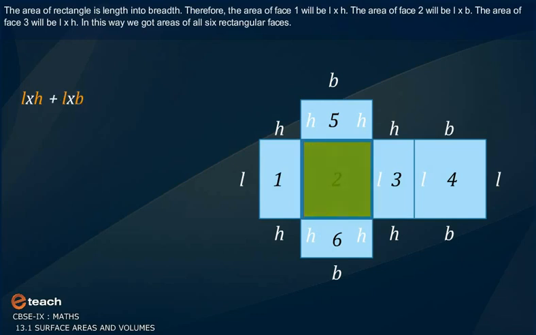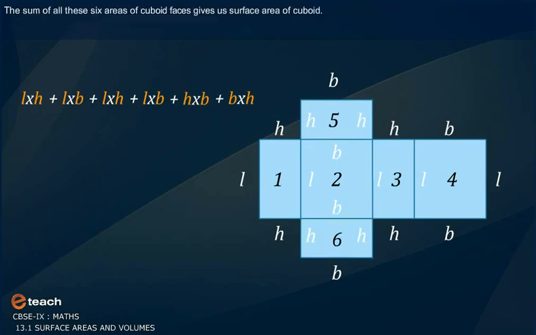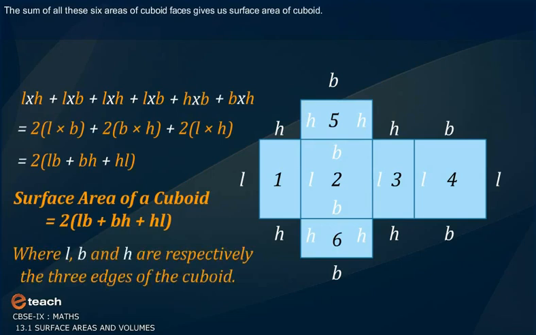The area of face 3 will be length into height. In this way, we got areas of all 6 rectangular faces. The sum of all these 6 areas of cuboid faces gives us the surface area of the cuboid.